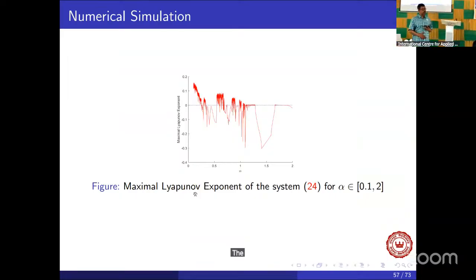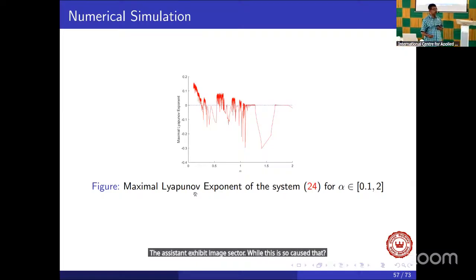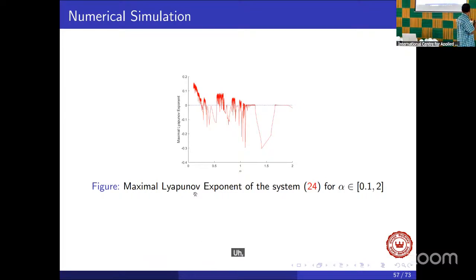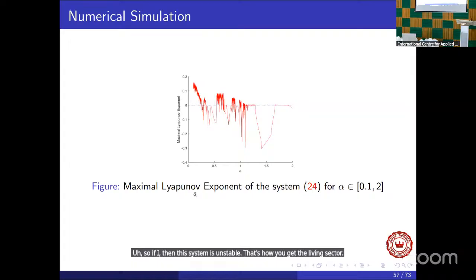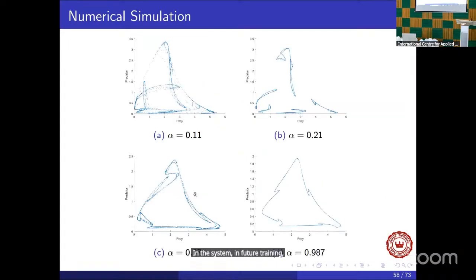The system exhibits a limit cycle. When the value of alpha is equal to 1.9, we consider 1.96, the system is always stable. If the refuge is not so high, then the system is unstable. That's why you get the limit cycle. If the refuge parameter is larger in the system, in future time it will be stable.